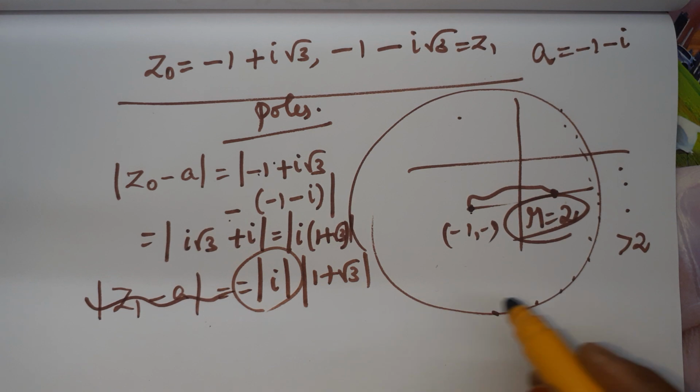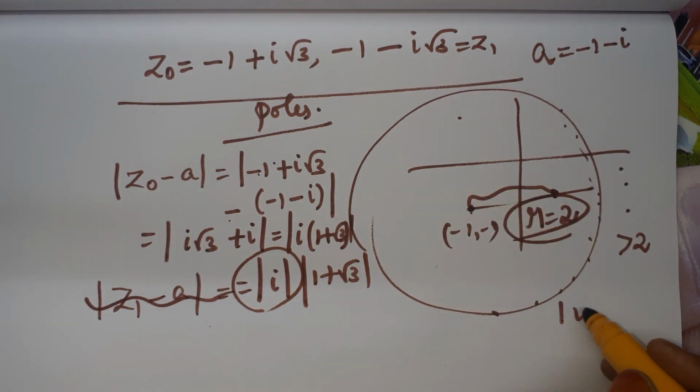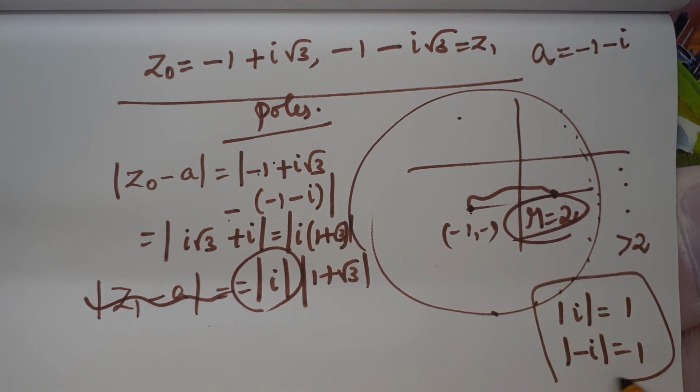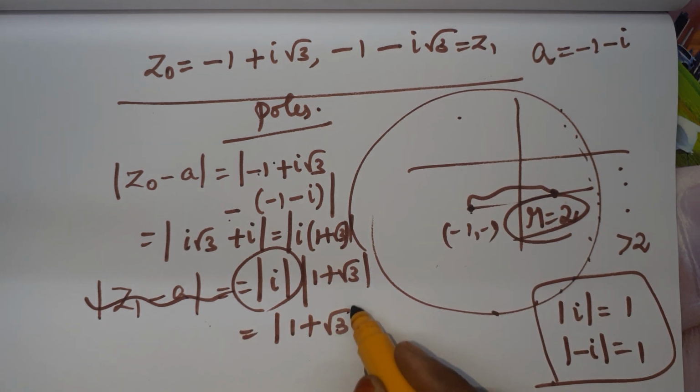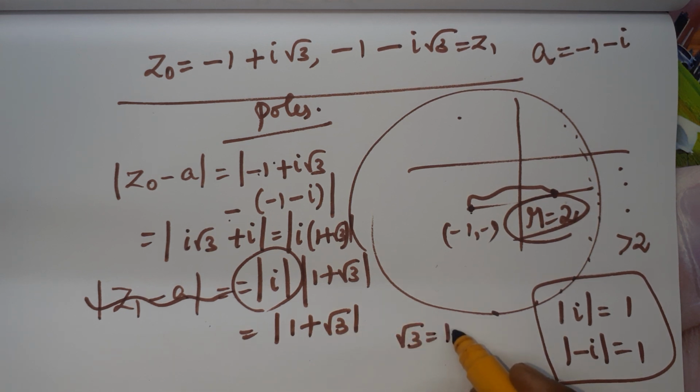What is modulus of i? Modulus of i is 1. The mod value of minus i is also 1. So modulus of i is 1, and only modulus of root 3 plus 1 we have to calculate. Root 3 is equal to 1.732 something, right?